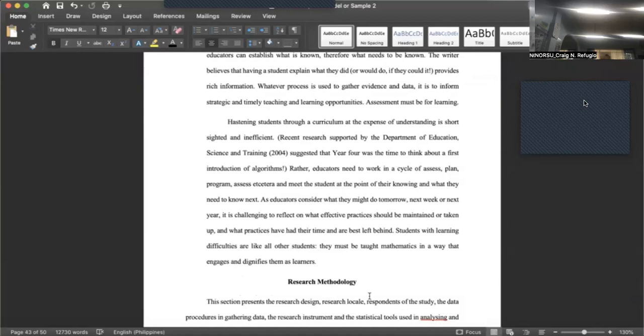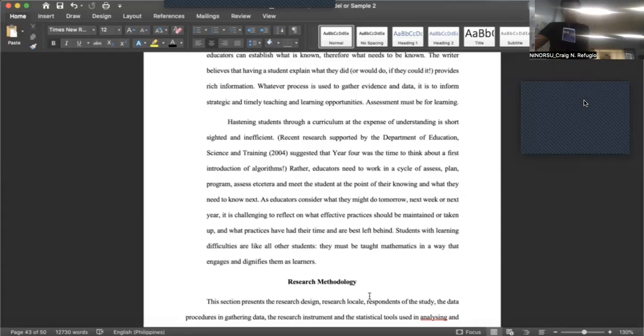But what you are going to consider in the review of related literature, do not just copy the literature and then paste it, but the same to what we did in the theoretical framework. You've got the theory and relate the theory to the statement of the problem. You've got another theory and then relate that one to the statement of the problem. You've got another study, then relate that one to the statement of the problem. The same to what we did in the theoretical framework.